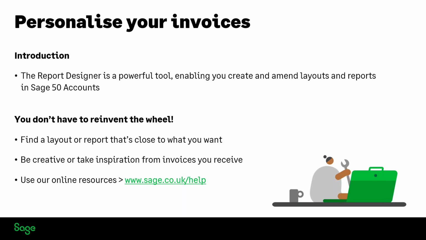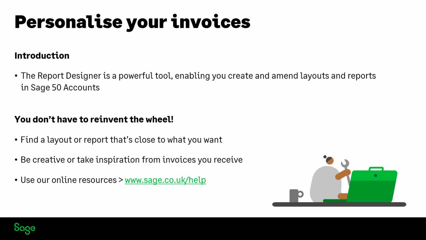But you can also create your own layouts, which we don't really recommend because it can be quite complicated, as you'll see in some of the designs. It's much easier to find what you're looking for and then make whatever amends you want. That's what we'd always encourage you to do. But you can use it to create and amend layouts and reports in your software.